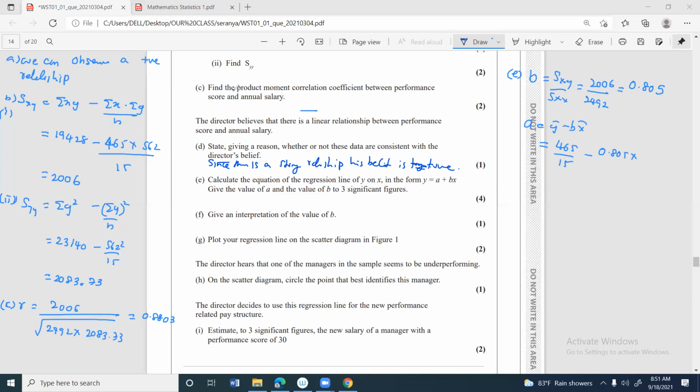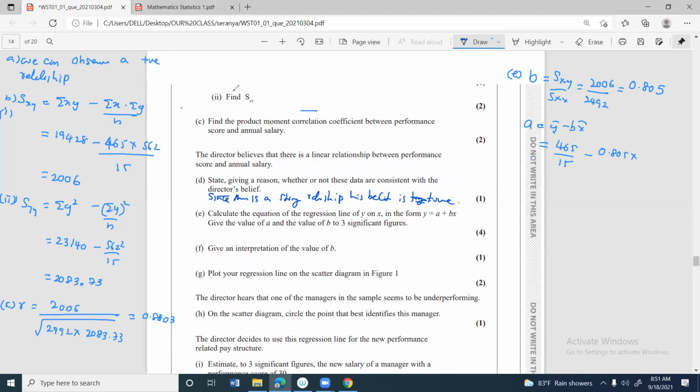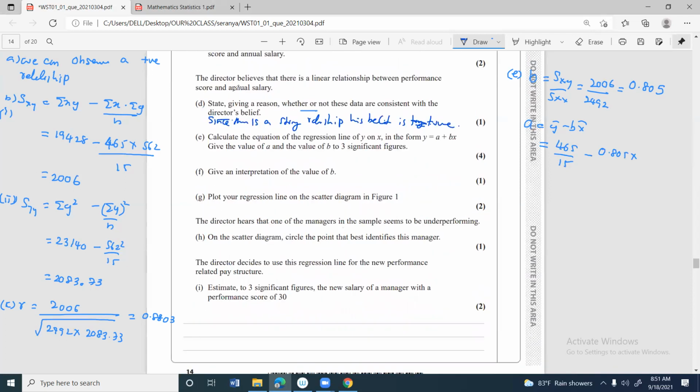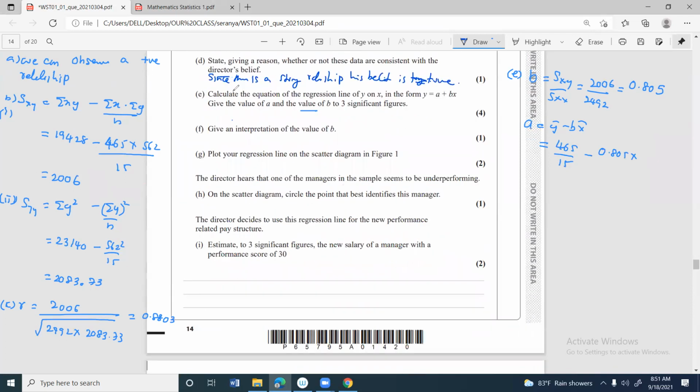Sorry, I will have to find what the summation of y is. Summation of y is 562. So I made a mistake. This is 465 divided by 15.